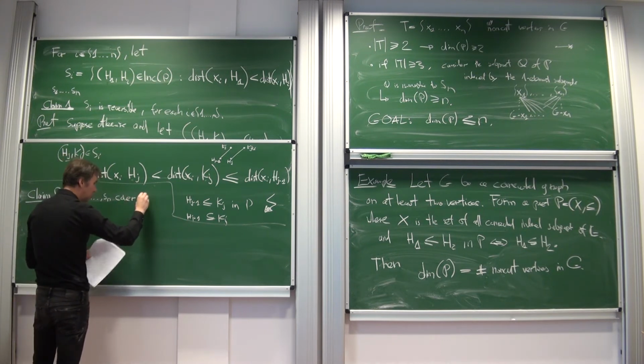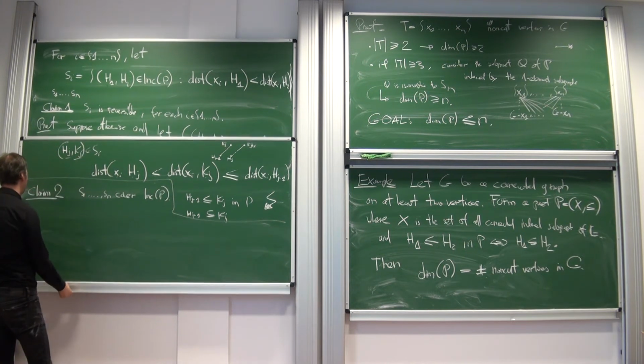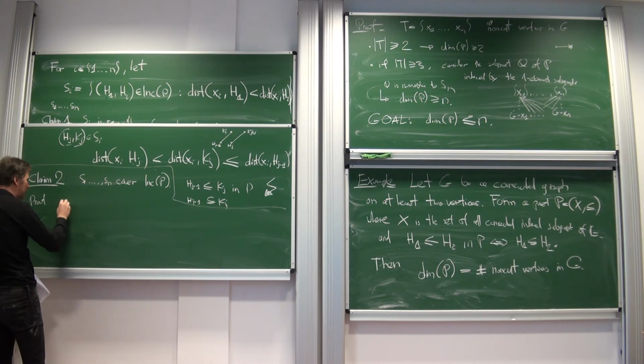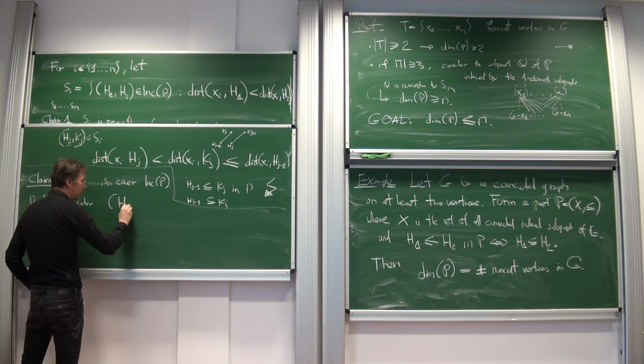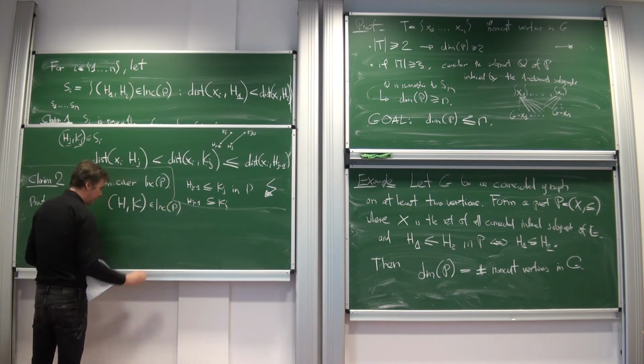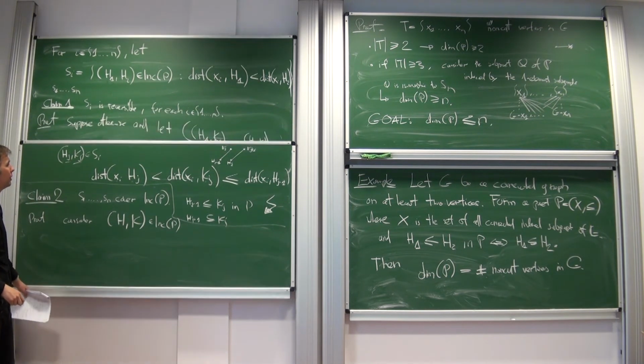The whole set of incomparable pairs of P. Yes. So let's argue about that. Let's consider some incomparable pair, HK. So now we should take the right vertex.